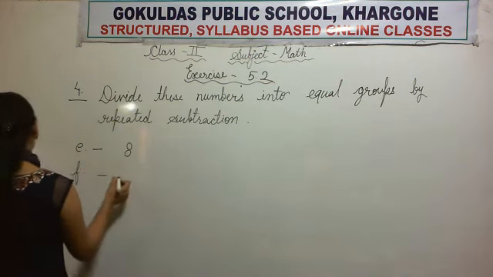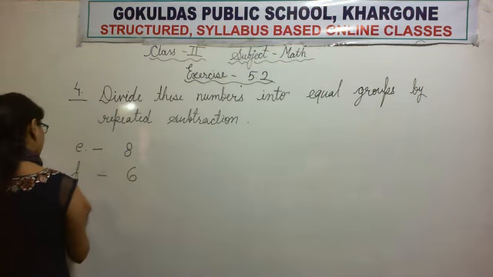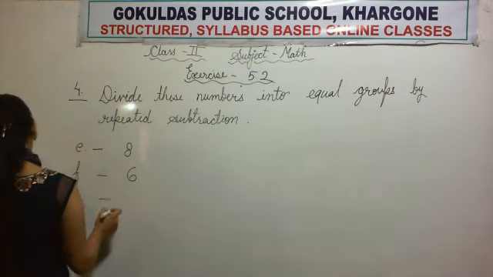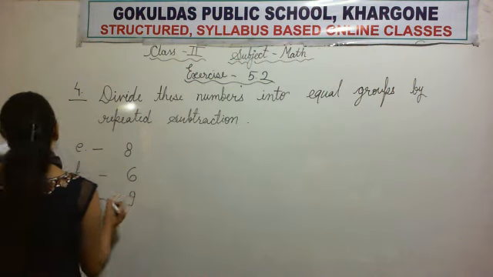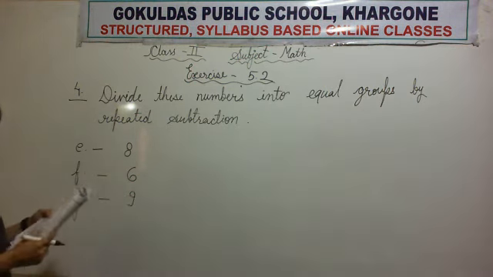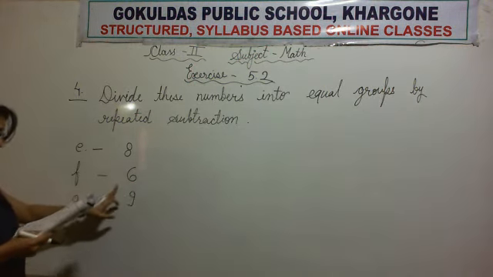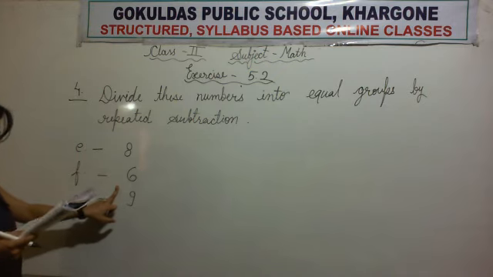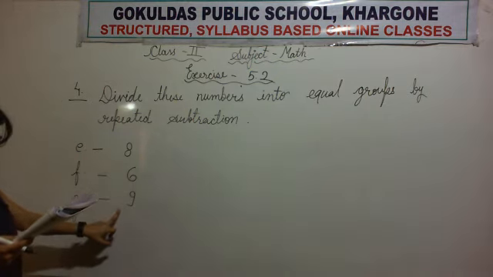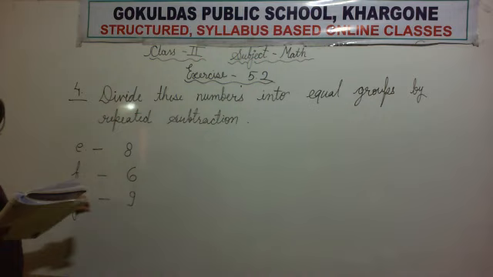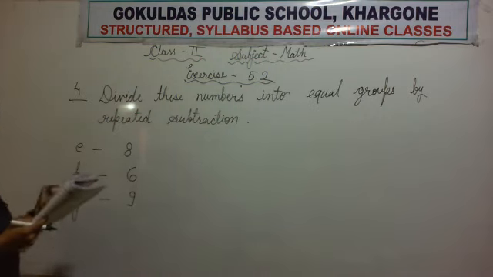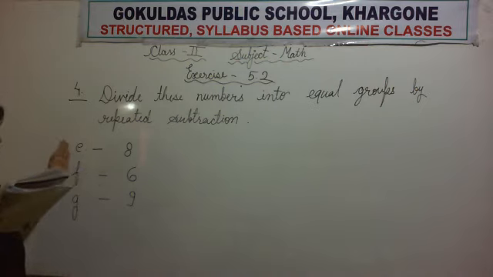Answer for F is 6 and answer for G is 9. Because 48 divided by 6 is equals to 8 and 60 divided by 10 is equals to 6 and 72 divided by 8 is 9. So these are the answers of E, F and G. You need to solve all the 3 questions.